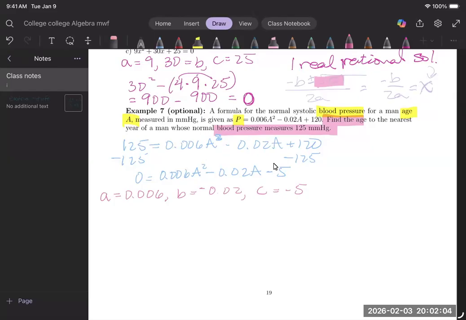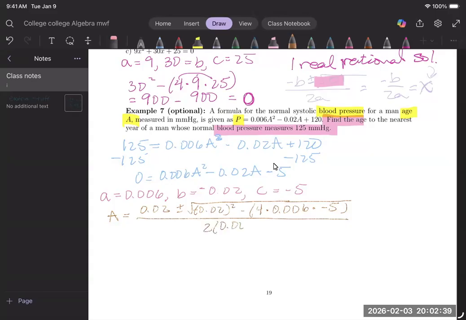So we have, excuse me, cap A is equal to 0.02, because it's a double negative, plus or minus the square root of 0.02 negative quantity squared minus 4 times A, which is 0.006, times C, which is negative 5, all over 2A. So 2 times 0.006.